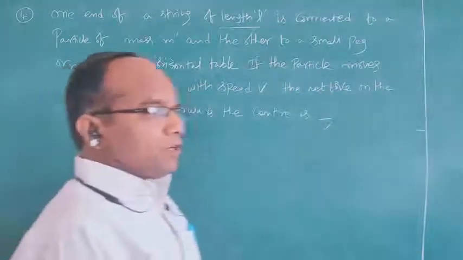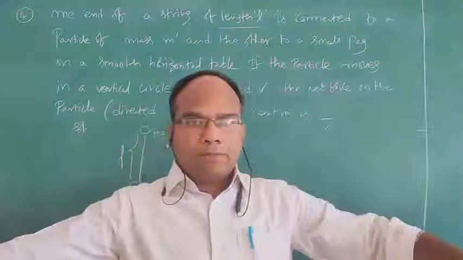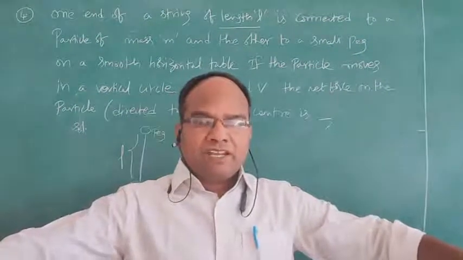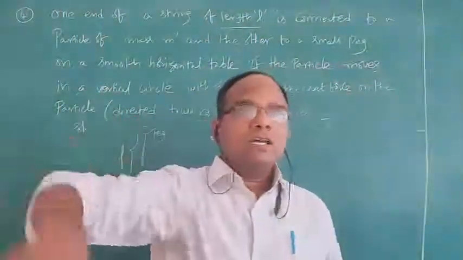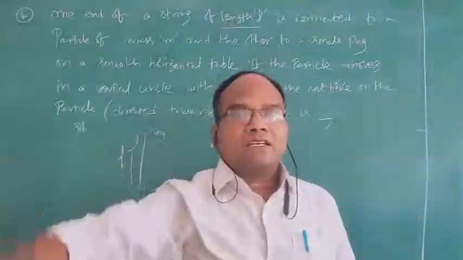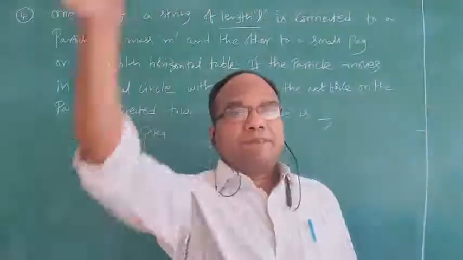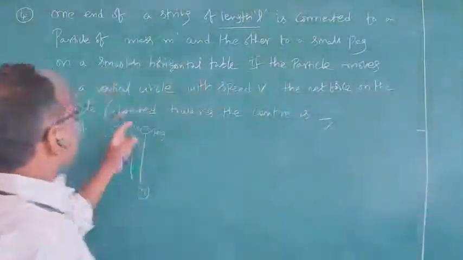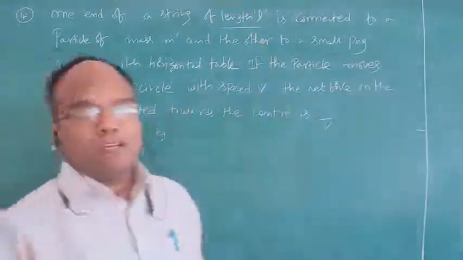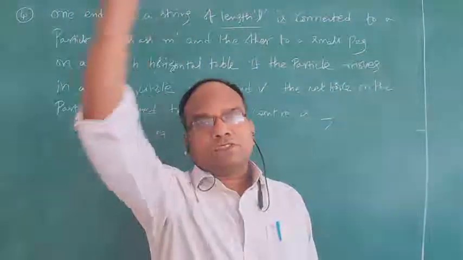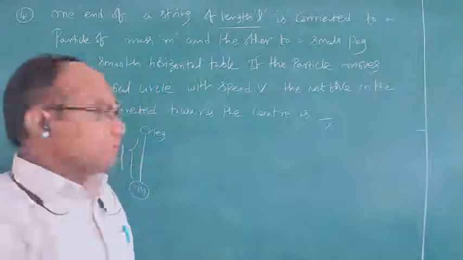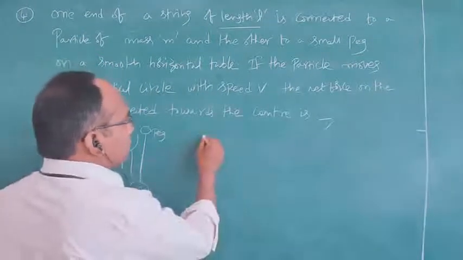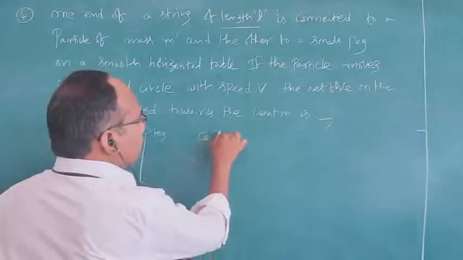First, it is connected to a table. Next, it is moving in a vertical circle, like this. When it is moving in a vertical circle with speed v, what is the net force? That is nothing but centripetal force.